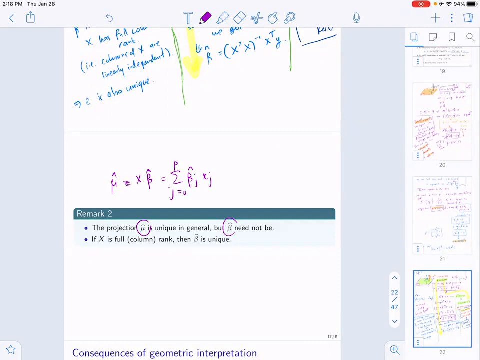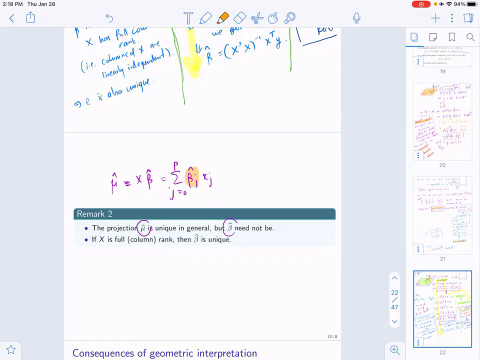So this representation might not be unique. You might be able to write this using different combinations of x's. So you can write mu hat as two different linear combinations, for example, if the matrix does not have full column rank, because you can write some of the columns as linear combinations of the others.